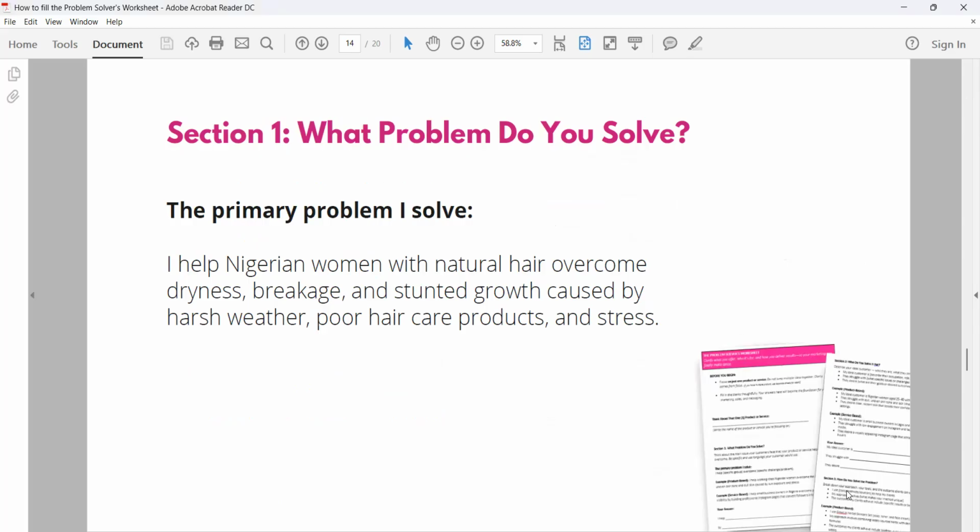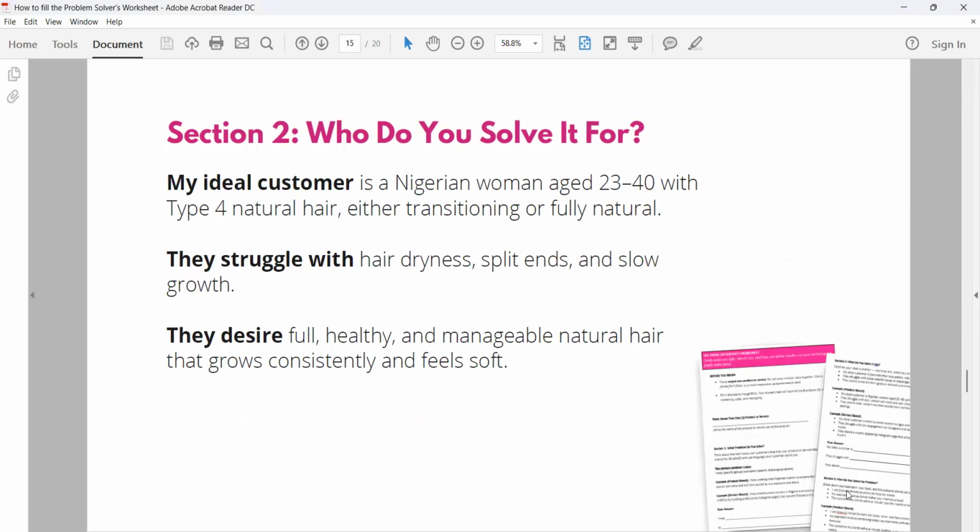What problem does she solve? She said she helps Nigerian women with natural hair overcome dryness, breakage, and stunted growth caused by harsh weather, poor hair care products, and stress. Who does she solve this problem for?